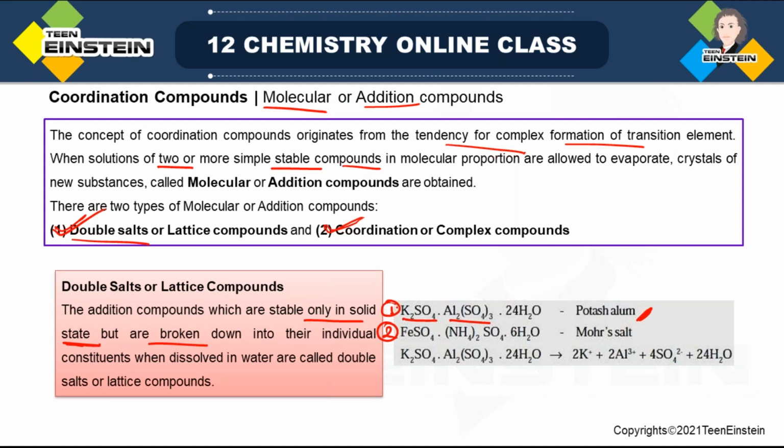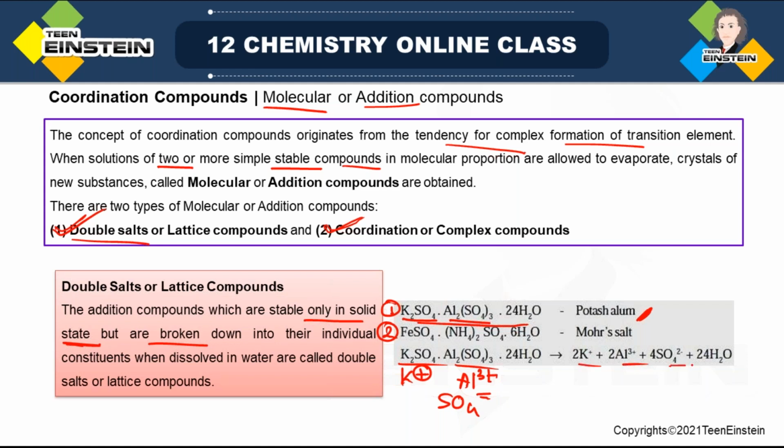When it is in solid form, this is the format by which we express it. But when you dissolve it in water, what will happen? All the constituent cations and anions are obtained. What type of cations do we have? K plus is present, aluminium 3 plus is present, sulfate is also present in both these salts.